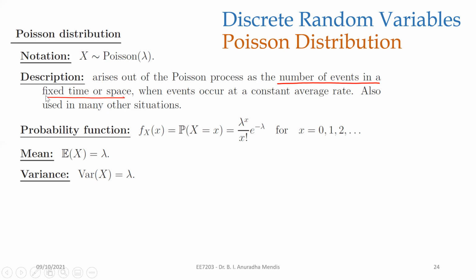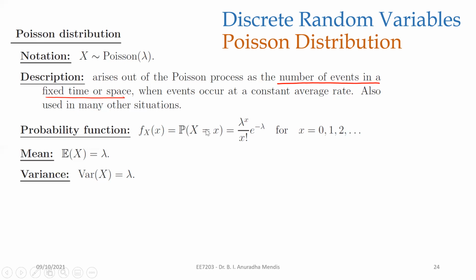But if you consider a fixed time duration, the number of events happening in that duration we can model as a Poisson process. Events occur at a constant average rate. So the event occurring rate is a constant value, that is this lambda. If you know that event happening rate, you can find the probability of having x events during that time.